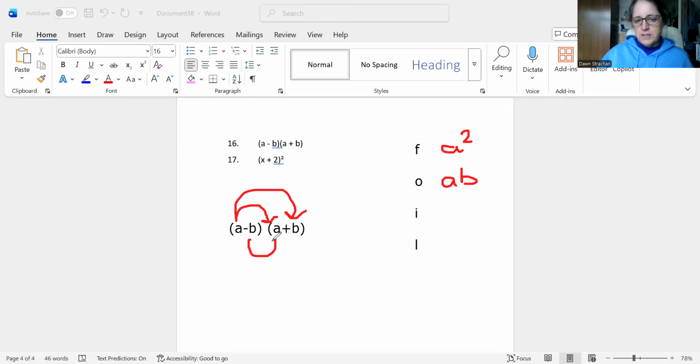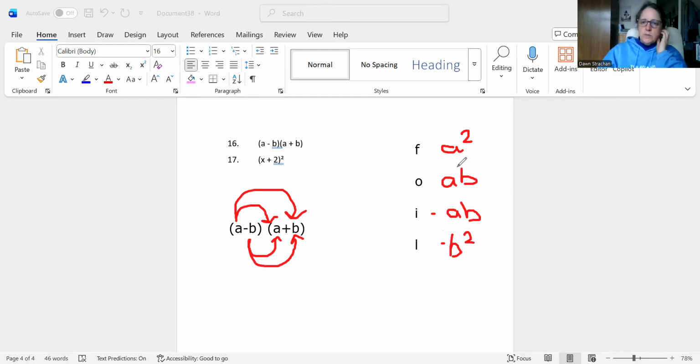So minus B times A is minus BA, but that's the same as AB. And we'll put them in that order, just so that alphabetical order is the way it normally goes. And then last, minus B times positive B is minus, because negative times positive, B times B, B squared.